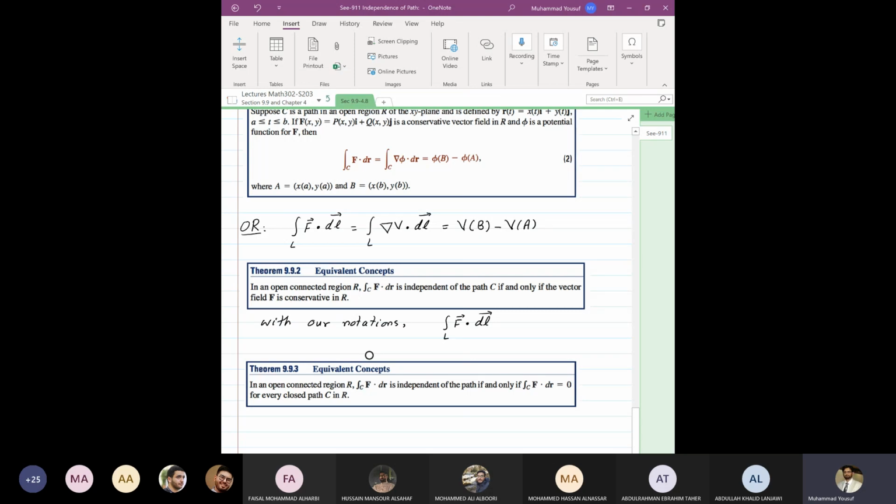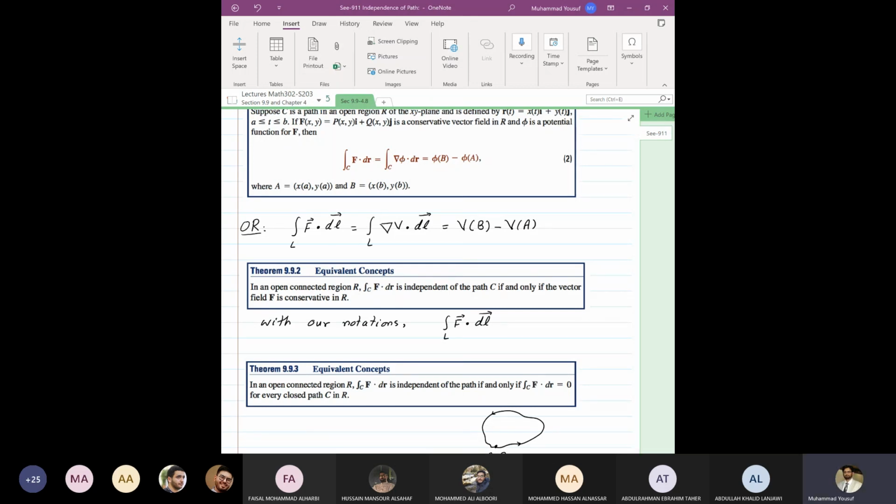And now, if the path is closed, suppose we have one like this, then point A and point B are equal. So VB minus VA will be equal to 0. It means this integral is 0.